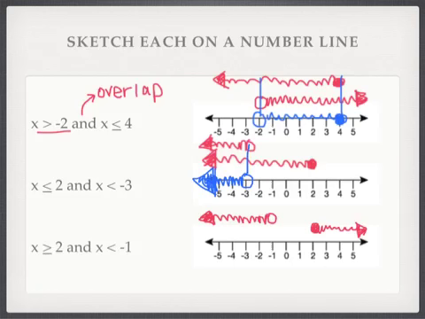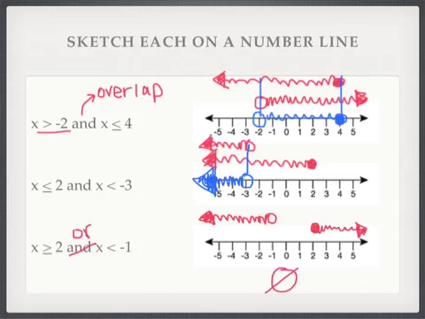There is no number that is both bigger than 2 and less than negative 1. So for this one, you would want to say no solution, or the empty set, because there's nothing in that intersection. If this had been an or, you would just take these two and plop them on the number line and be done. But because it's an and, you want to know the stuff that's overlap, and there is no overlap. Okay? Questions on that?